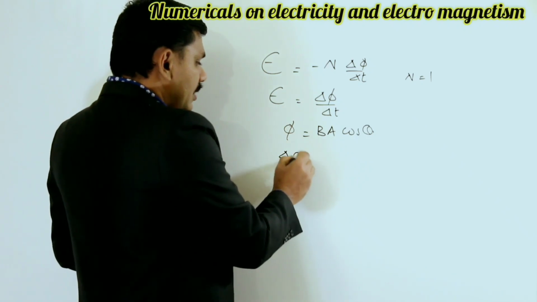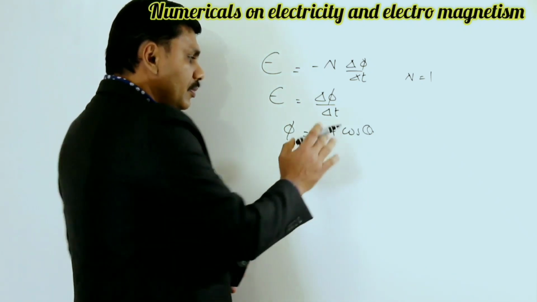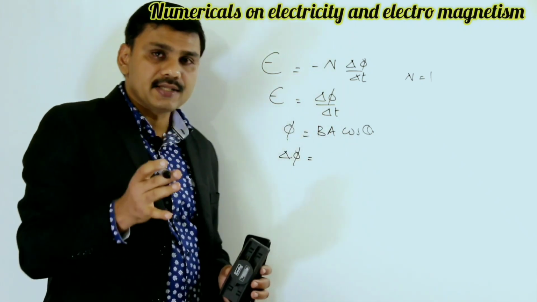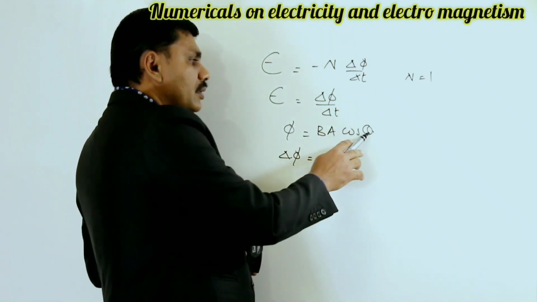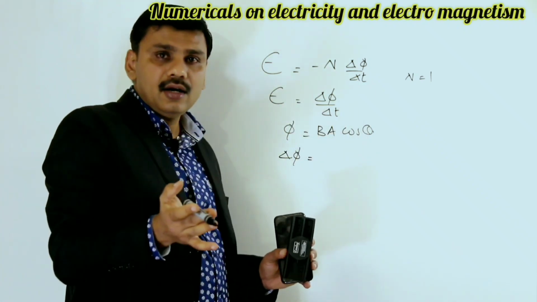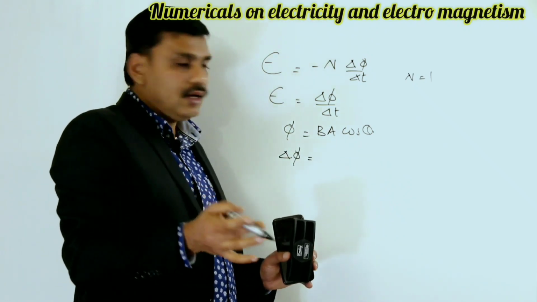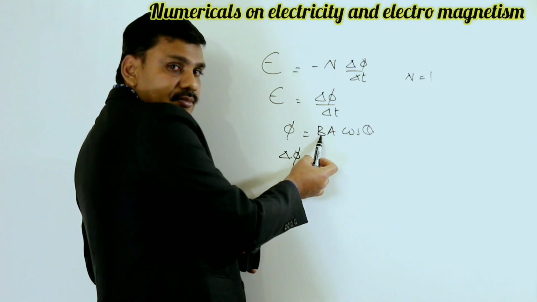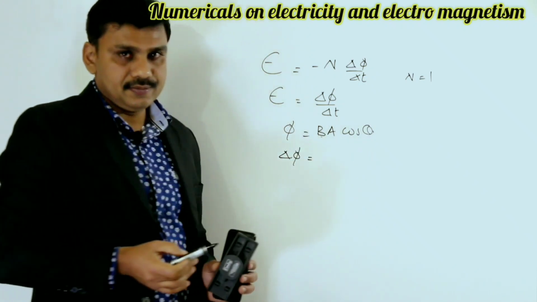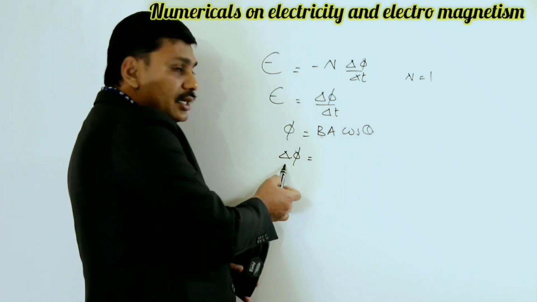The change in flux takes place because of the change in the angle or because of the change in magnetic field. If B is changing or theta is changing, that will make a change in delta phi.